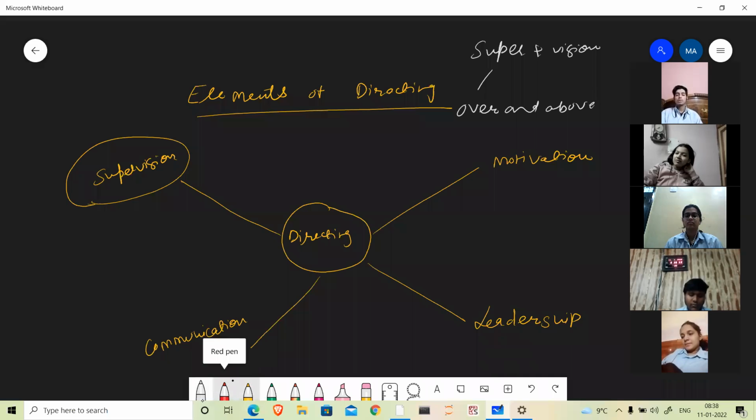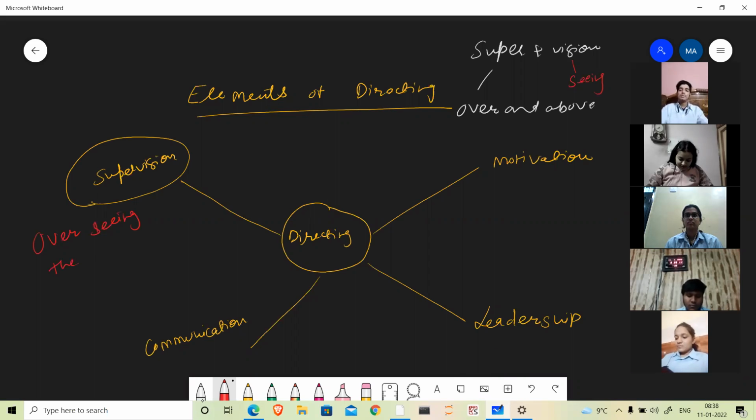And vision means art of seeing. So supervision means overseeing the workers. Overseeing the employees or the workers while they are performing the task.